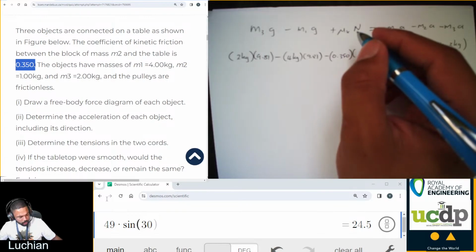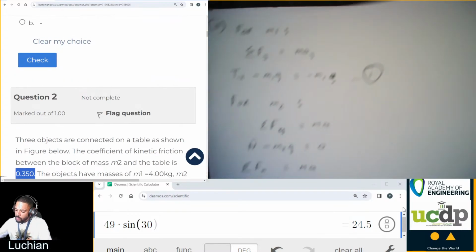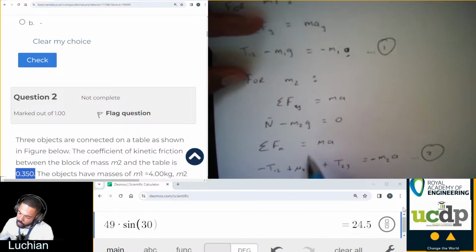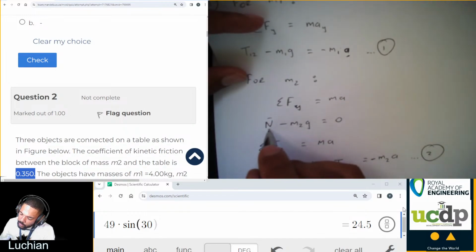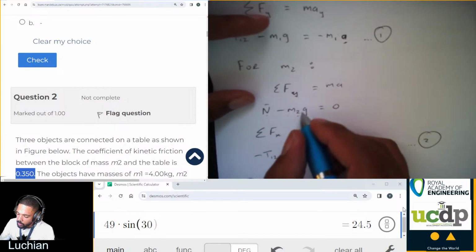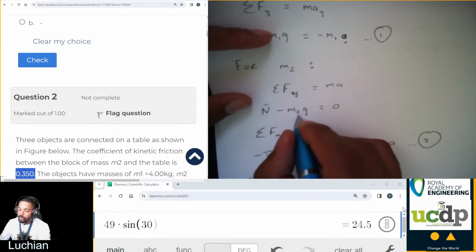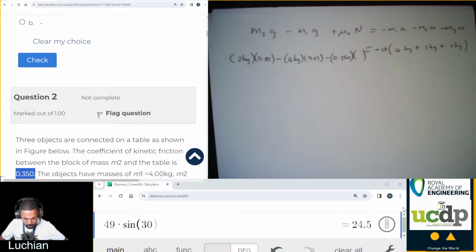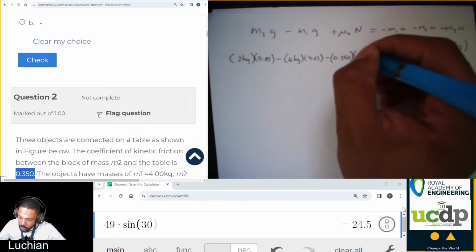Remember, we had an equation stating that the sum of the forces in the y direction, the normal force minus the weight, should be 0. So that's the weight of 2, which is 2 times 9.8. And if I check correctly, 2 times 9.8 is 19.6.